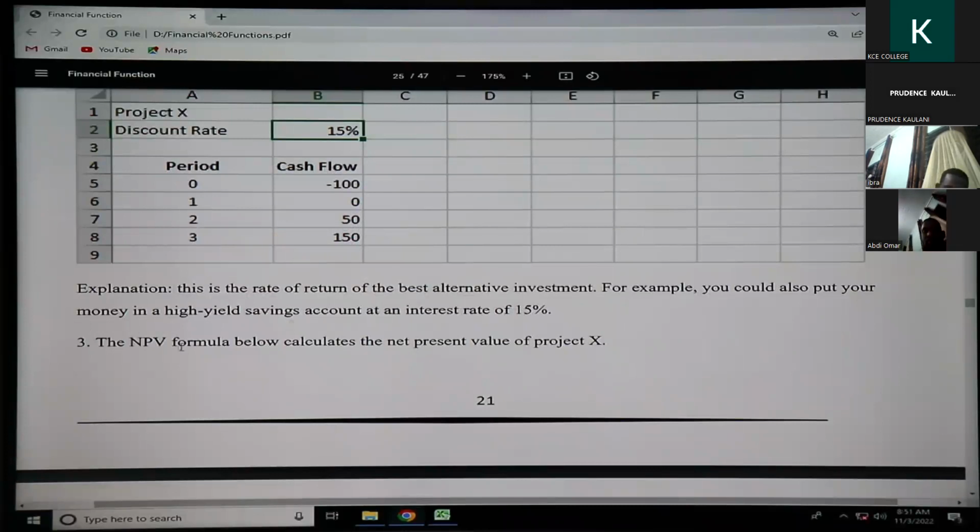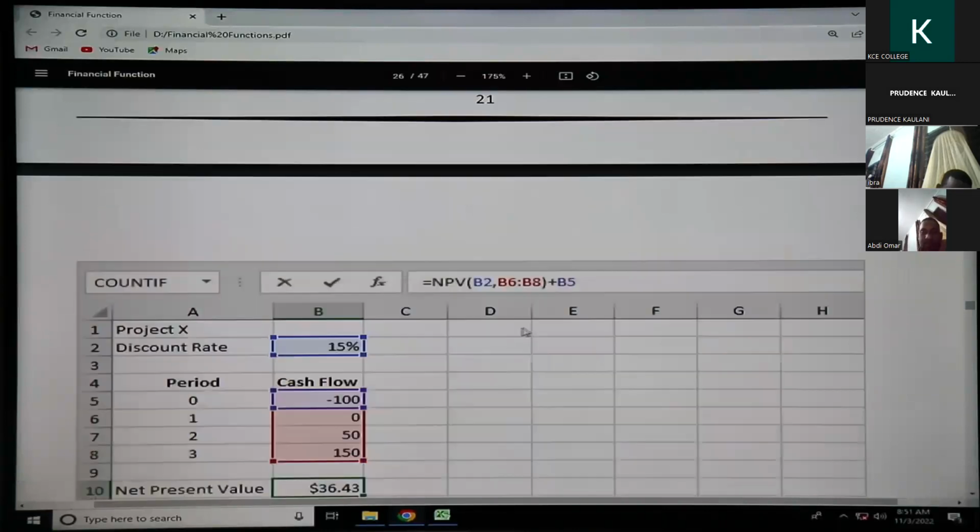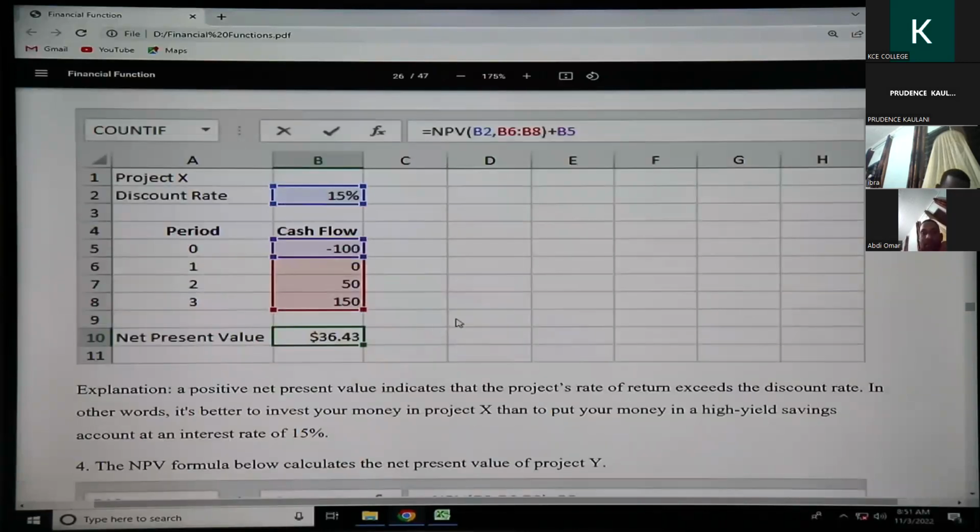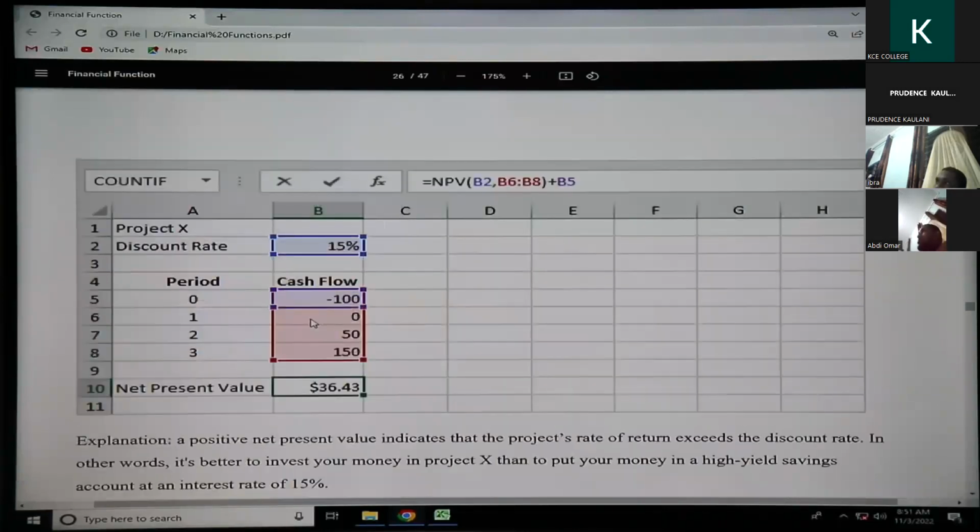So the net present value formula to calculate the net present value of the project is supposed to be run here. But here you'll notice something a little different: if the initial capital cash flow is negative, then in our formula we will not deduct the initial investment.